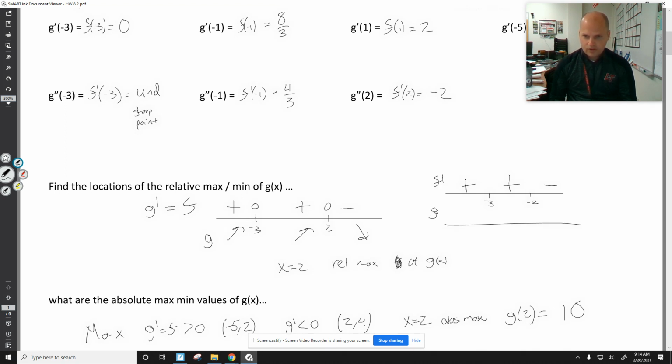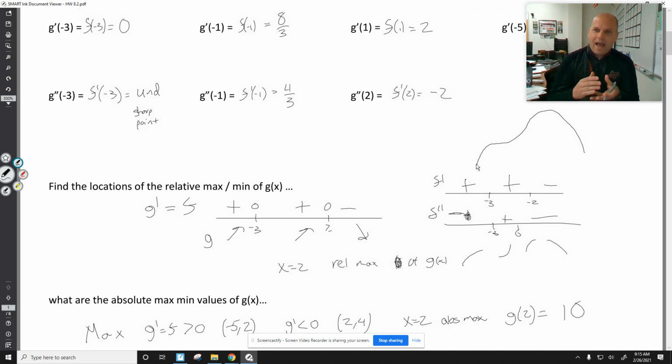We threw this down. This is F double prime. This is negative until -3, which is positive, until 0, which is negative. And then we just kind of said, here's what the shape looks like. Increasing concave down, increasing concave up, increasing concave down, decreasing concave up. And we threw those pieces together willy-nilly.